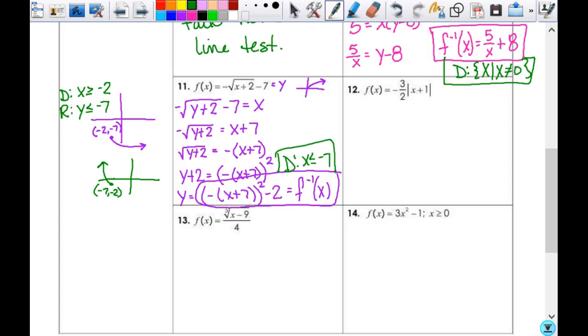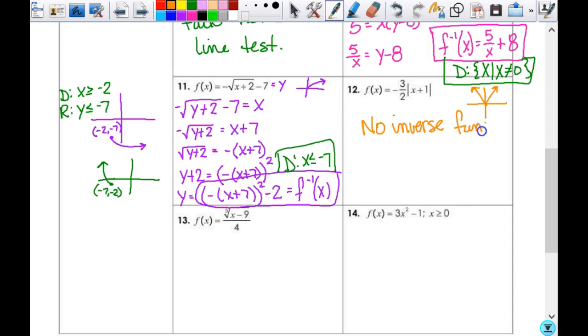All right, let's look at 12. When I graph 12, what does it look like? Or what's this parent function? Absolute value. So it looks like this. Does it pass the horizontal line test? Nope. So this has no inverse function, I guess I should say.